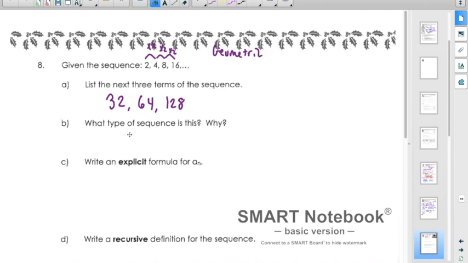Part B, what type of sequence is this? Oh, well, I guess we already have it. That's the first thing I like to determine. What kind of sequence are we working with? Well, we said it's geometric. Why is it geometric? Well, because the pattern is multiplying.